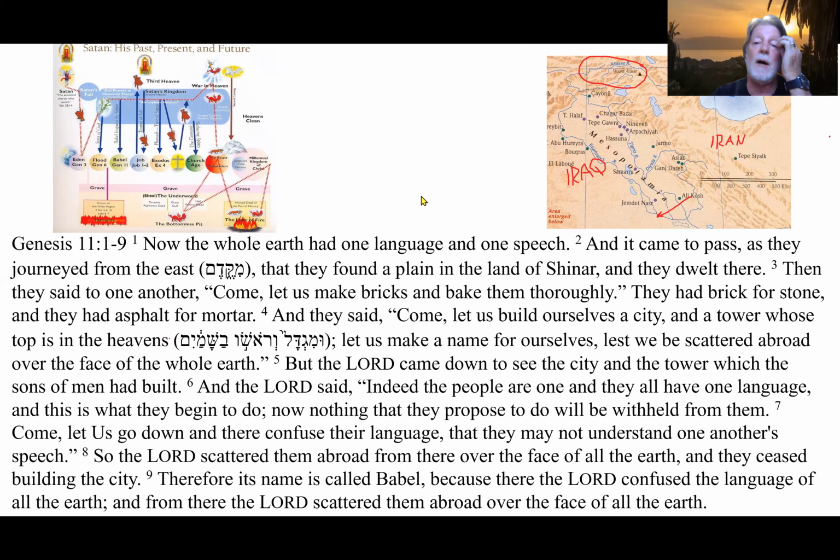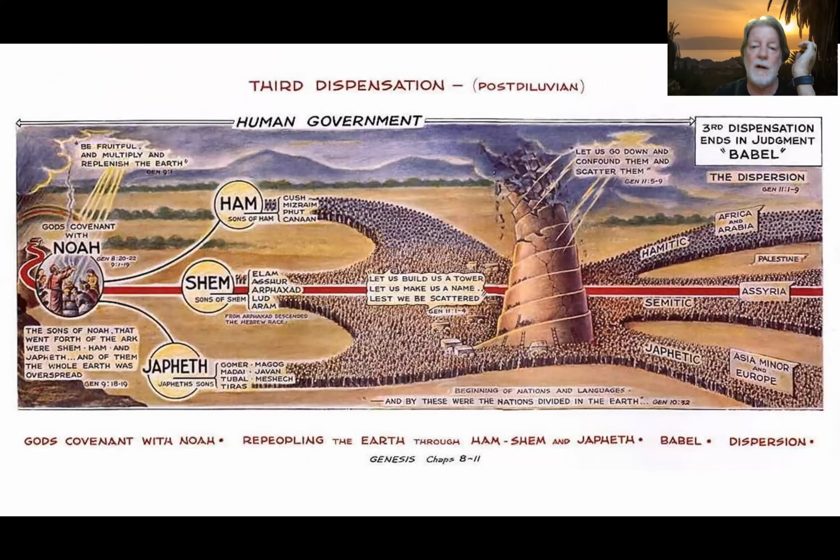So that's why on our chart, we see first a scattering, a division of the various clans of the three sons of Noah, and then a kind of mixture, a combining together, a focusing of their efforts in one place.